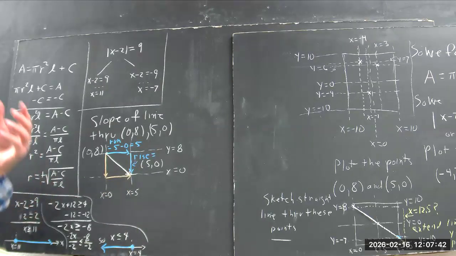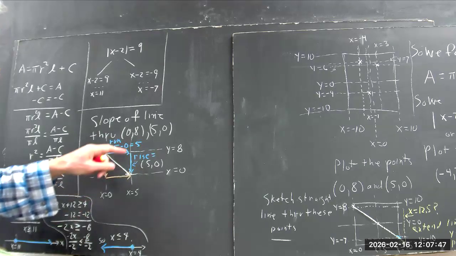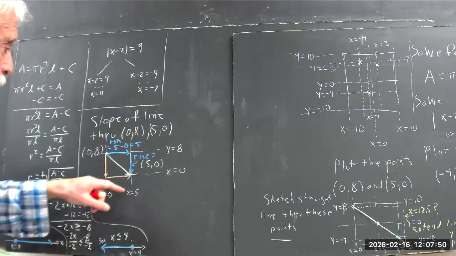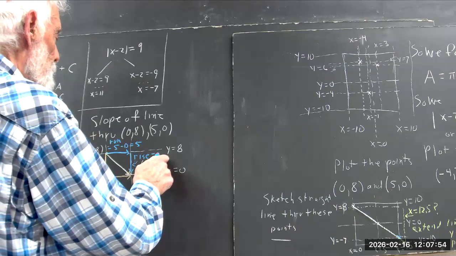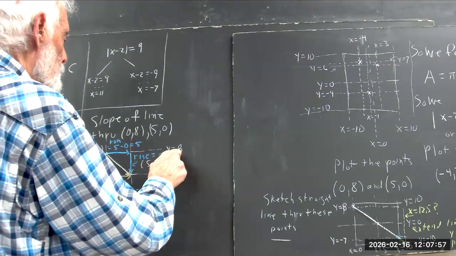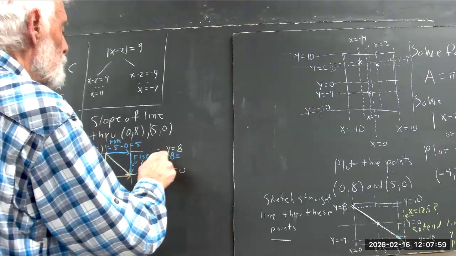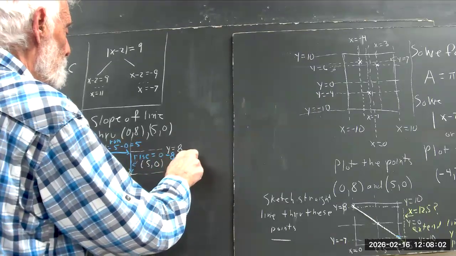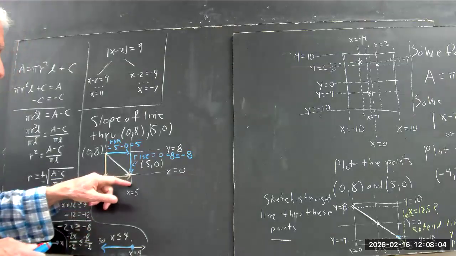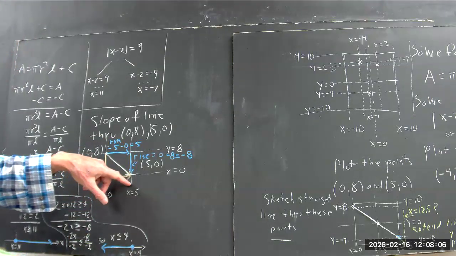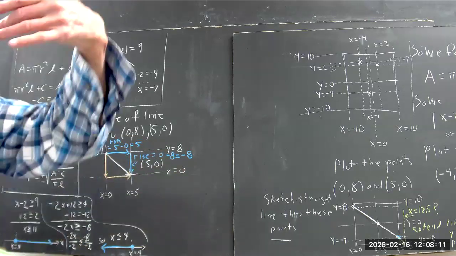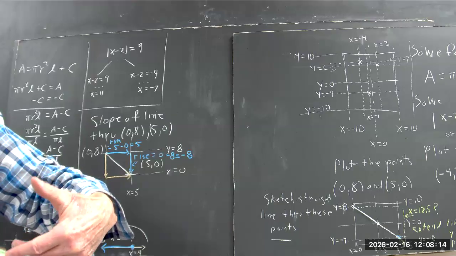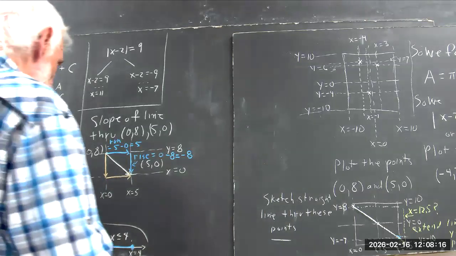And of course, if we do the calculation, subtracting where we start from where we end, we end at y equals 0, we start at y equals 8. So the rise is 0 minus 8, which is -8. If we do where we end minus where we start, it automatically tells us whether we're going up or down. Okay?